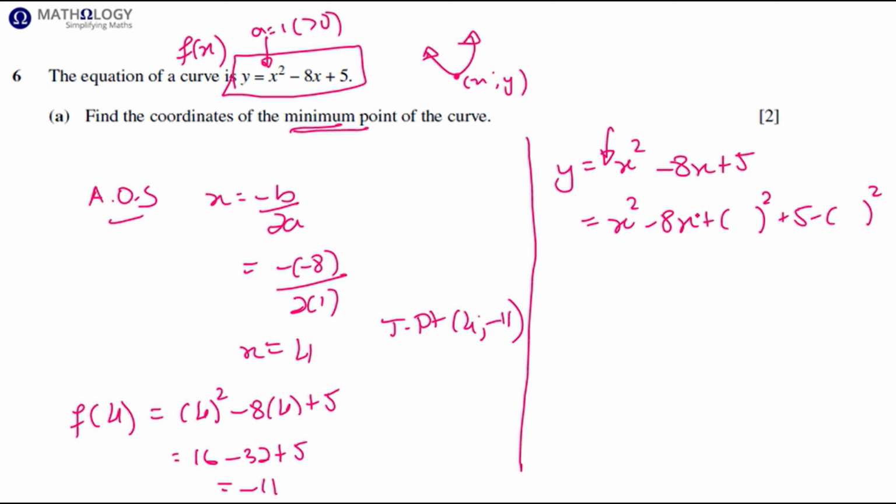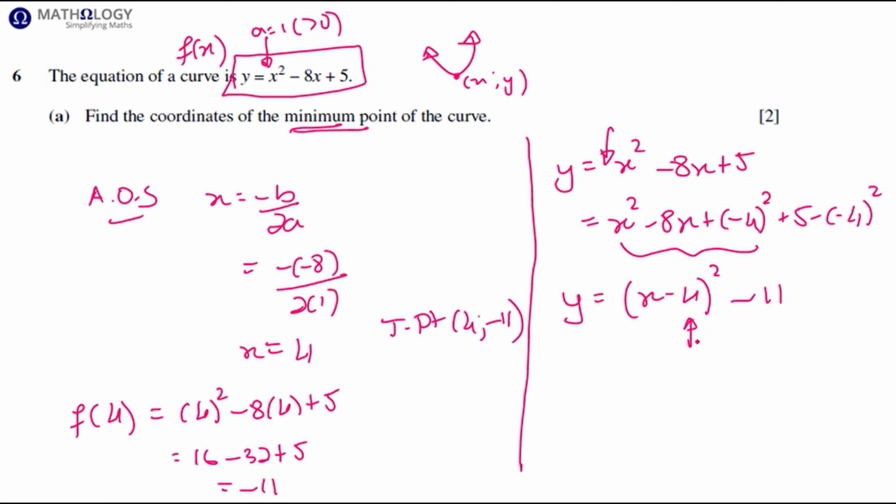Inside the bracket is half the coefficient of x, so half of minus 8 is minus 4. Then the first three terms form a perfect square trinomial, x minus 4 all squared, and 5 minus 16 will be minus 11. And this is the function.